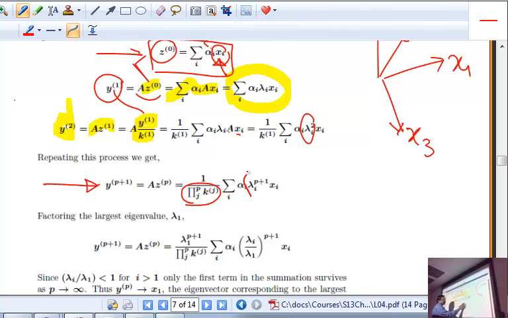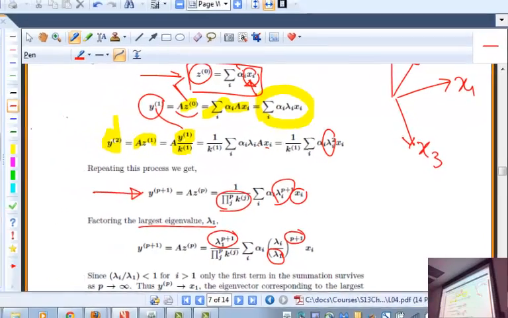But the key is you will get this lambda i to the power p plus 1. And the basis vectors xi remain as such, summation over all the vectors. So what I'm going to do is divide by the largest eigenvalue lambda 1. So I'm dividing by lambda 1 to the power p plus 1, and I'm multiplying by lambda 1 to the power p plus 1.